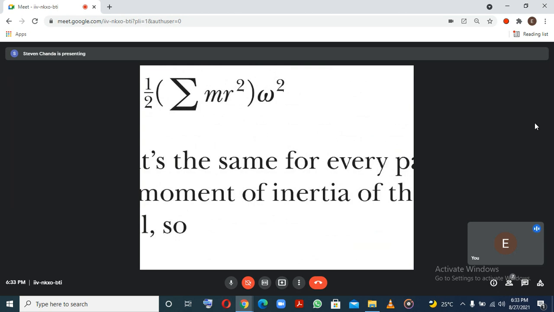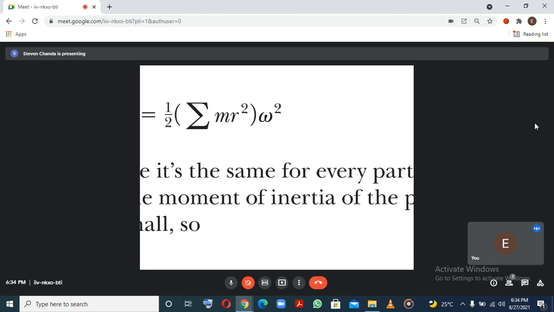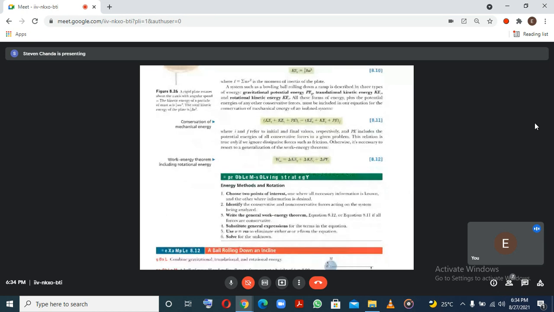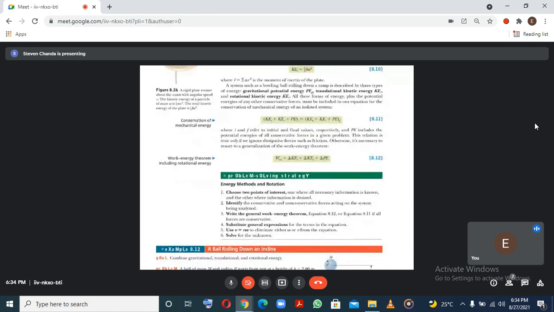What's in the bracket is the standard formula for moment of inertia. So it's the same as a half times the moment of inertia of that particular object, multiplied by the square of the angular velocity. Here now we have that formula, which you can see on top, equation 8.10. Then we can relate this with the work energy that we discussed.